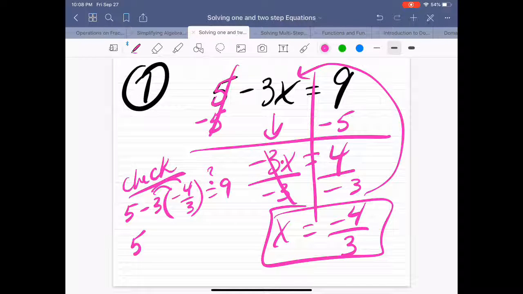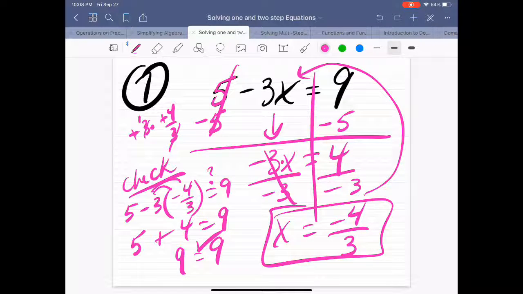Negative 3 times negative 4 over 3. First of all, negative times negative will be positive, so those go away. And 3 goes into 3 one time, and then 1 times 4 is 4. So plus 4. And then 5 plus 4 equals 9. 9 equals 9, therefore x equals negative 4 over 3 is correct.